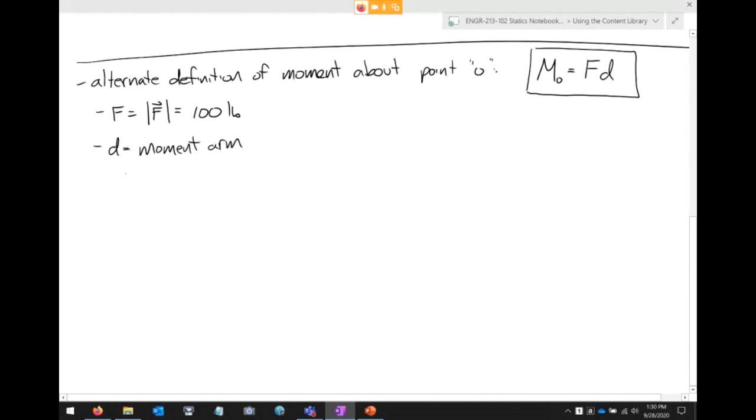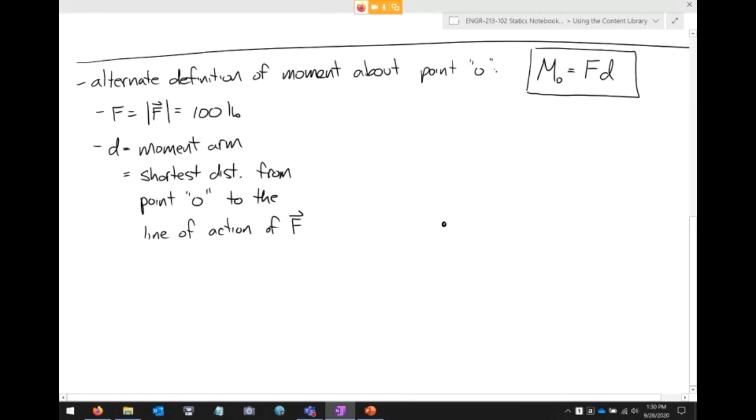And the moment arm is the shortest distance from point O to the line of action of F.